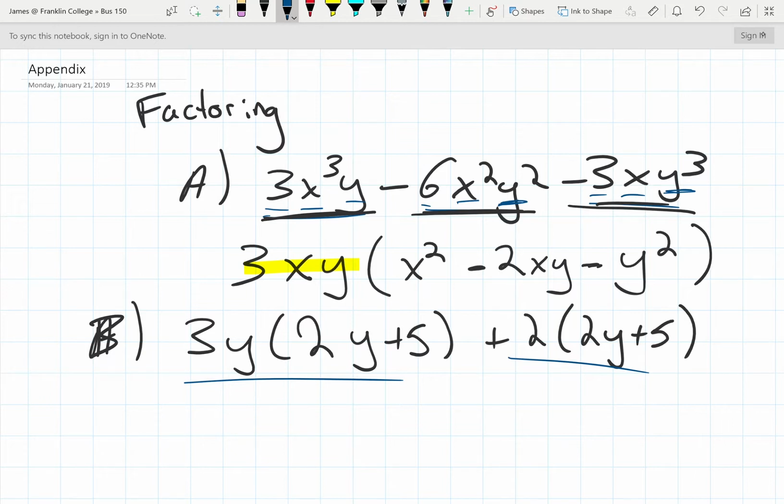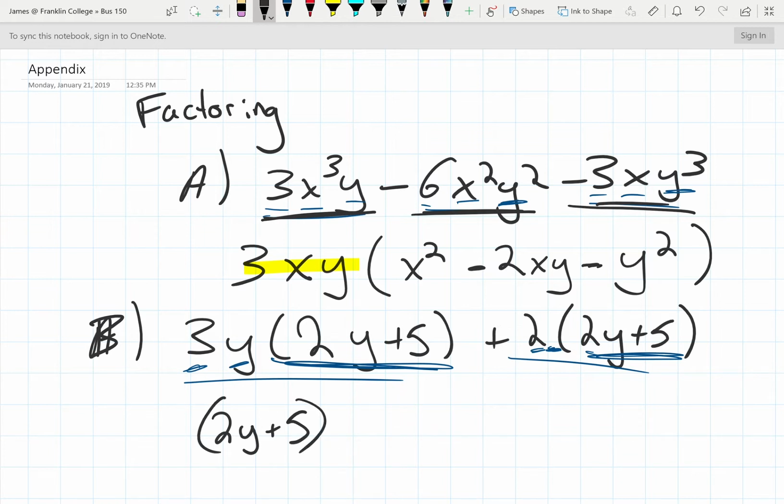So let's first look at the numbers. We have 3 and 2, and we can't really factor out anything from 3 and 2. We have a y here, but no y here, so we're not going to be able to factor out a single y at all. But when looking at 2y plus 5, we see that we have also a 2y plus 5 over here. So that is what we are going to be able to factor out.